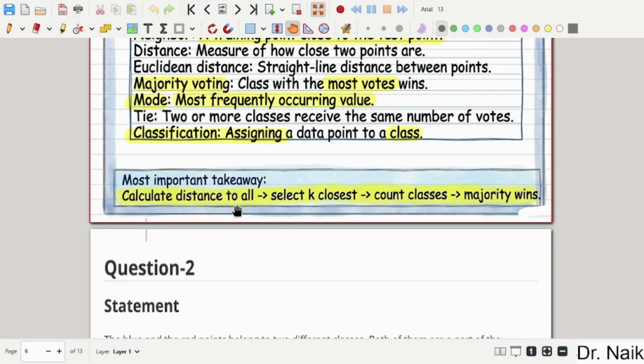That means we will predict the class of the test point as the one which has the most frequency of the classes.